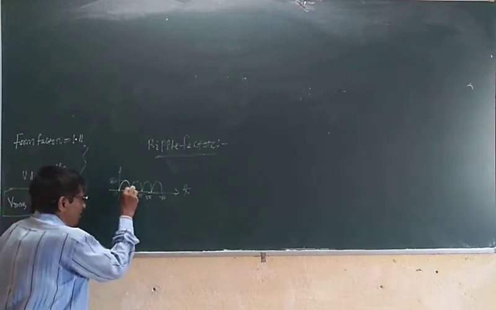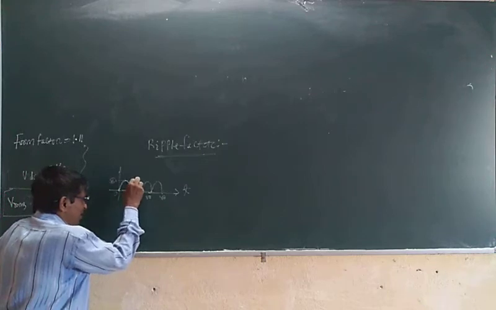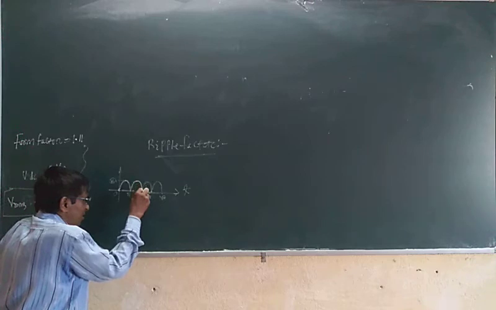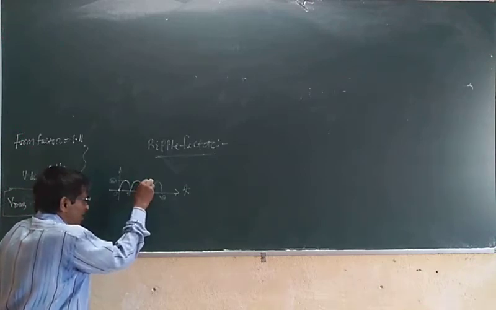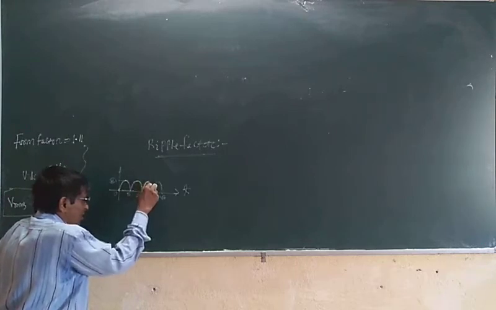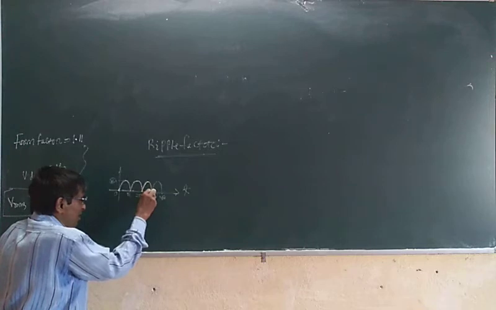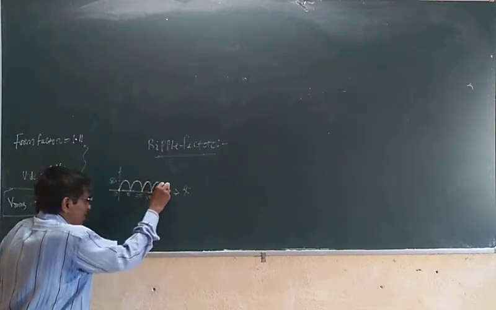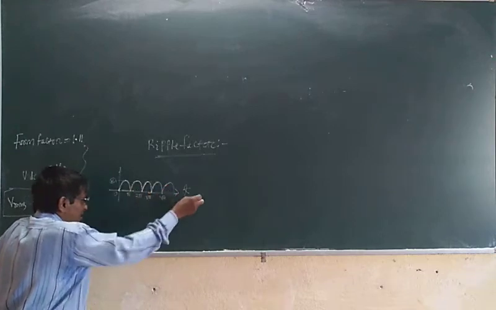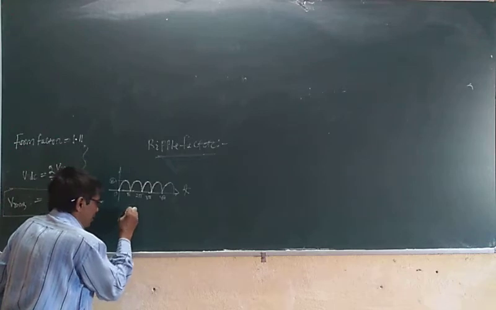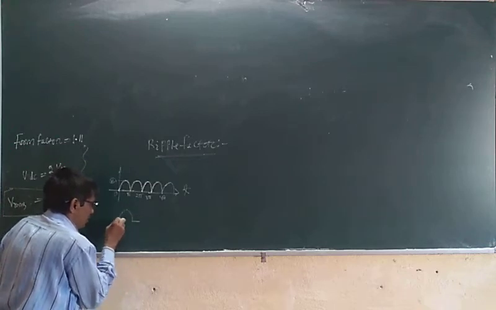Again it rises, reaches the highest point, then decreases to the axis. Like this, increase, decrease, increase, decrease. So first the current increases, then decreases, that is the AC nature.